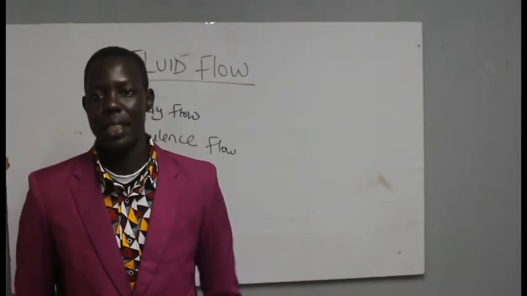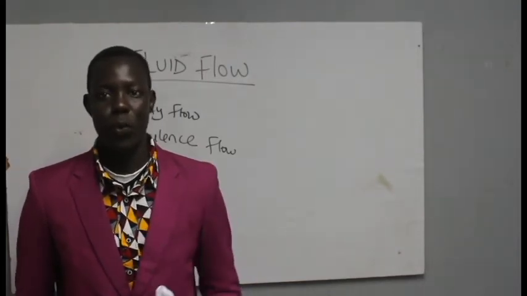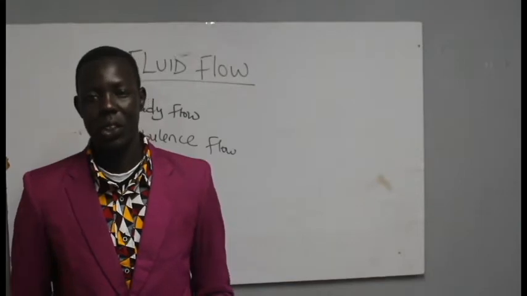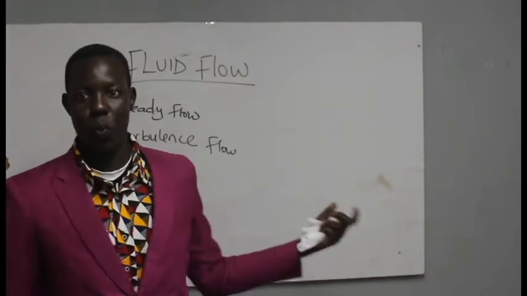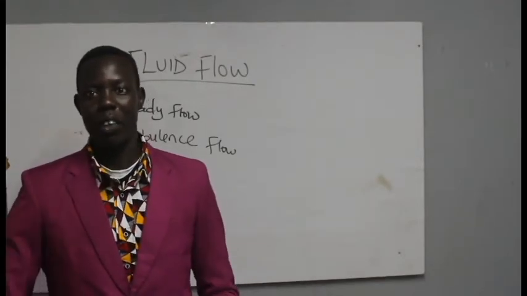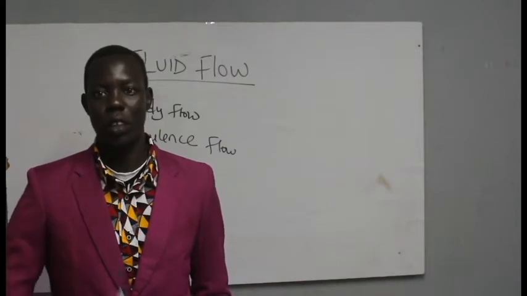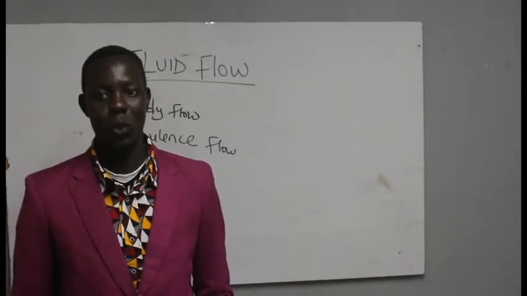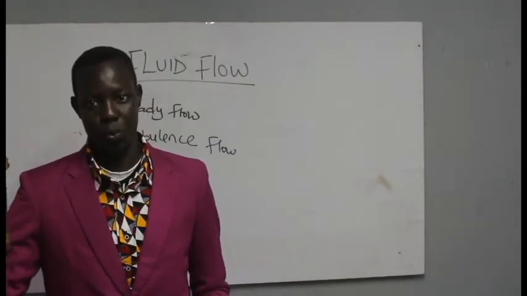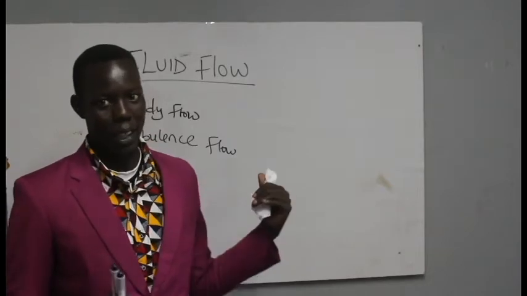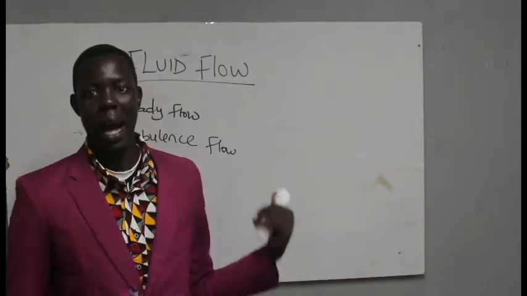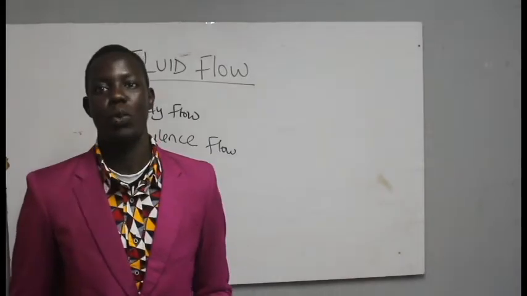There are two factors which we are going to use to differentiate between the two. We are going to check the velocity of the particles of the fluid flowing and the direction in which they move. Those two will explain further these types of flow.